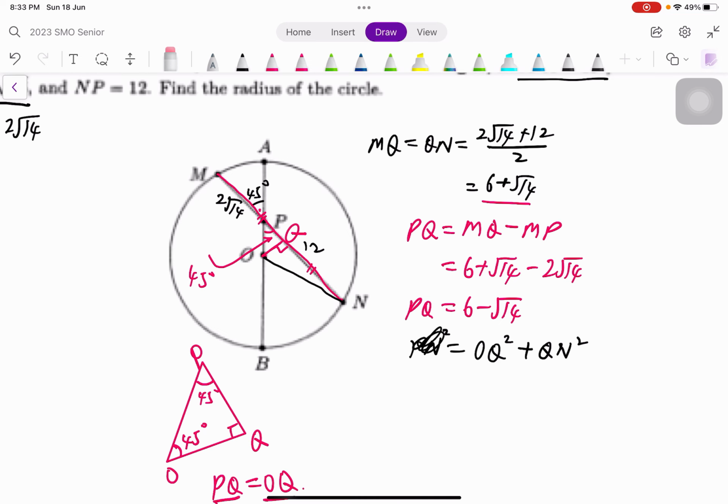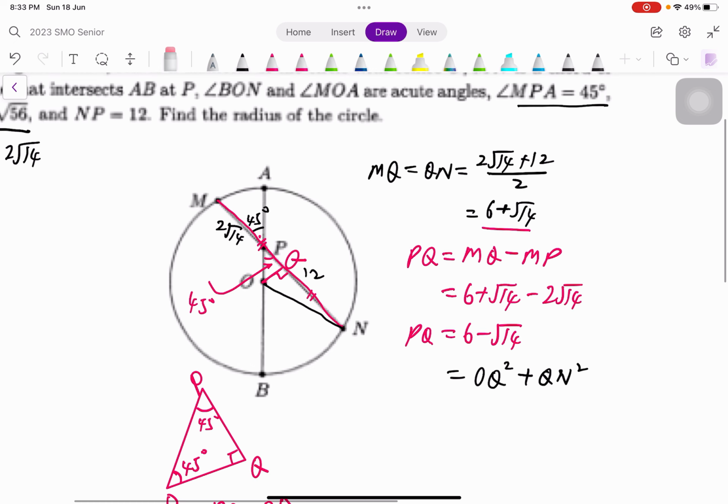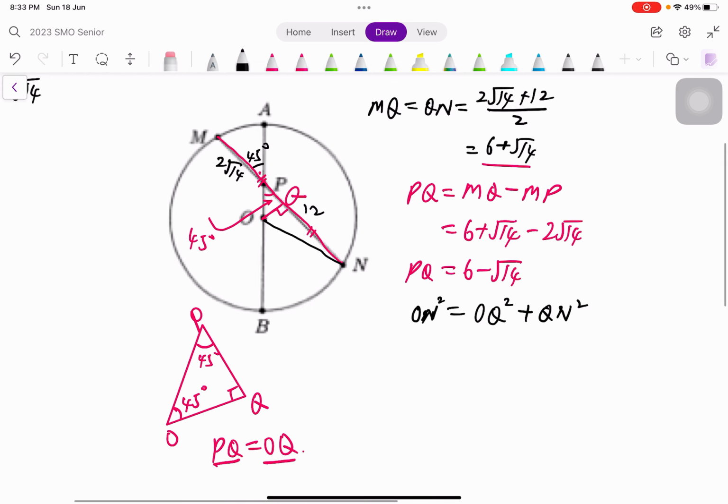I am trying to find ON, the radius of the circle. The radius of the circle is just equal to ON. Can you see that ON squared is actually OQ squared plus QN squared, right?